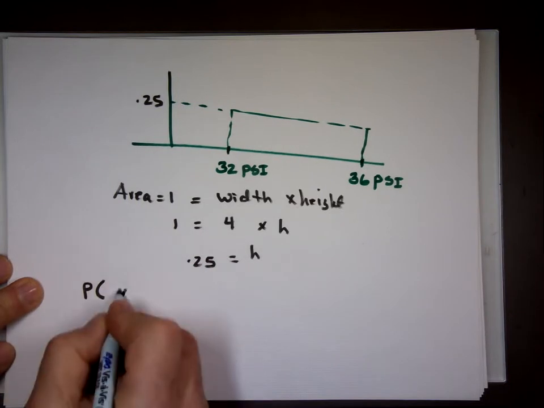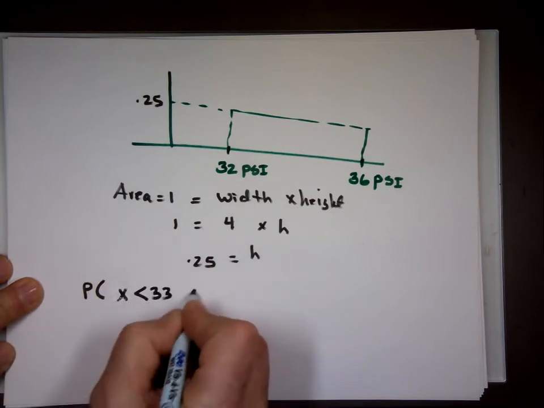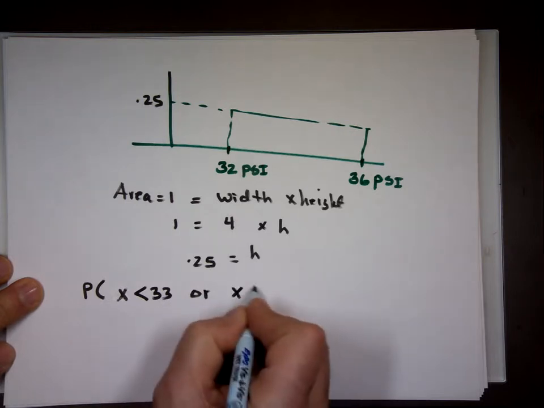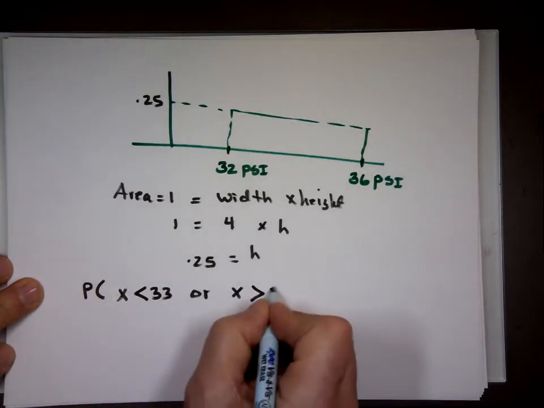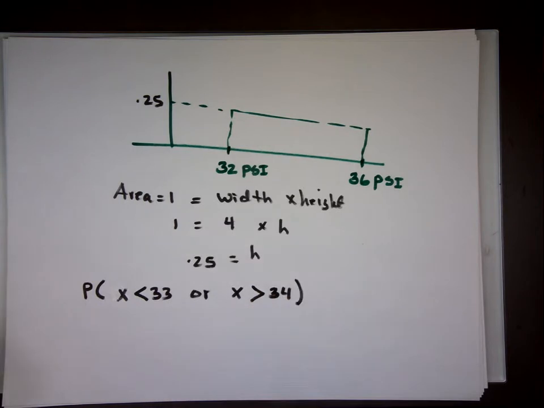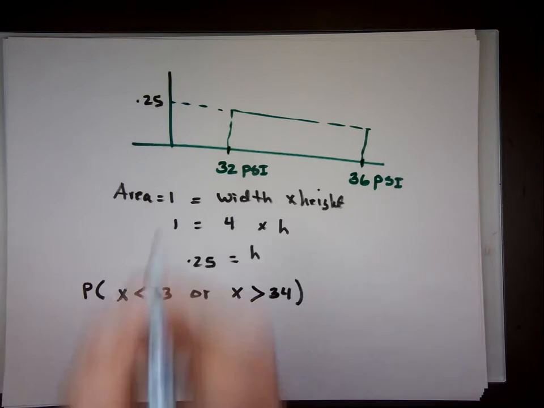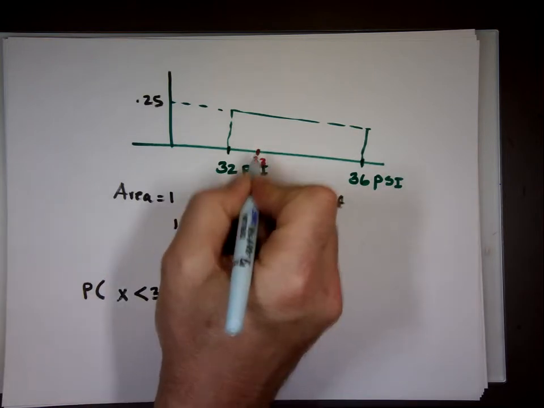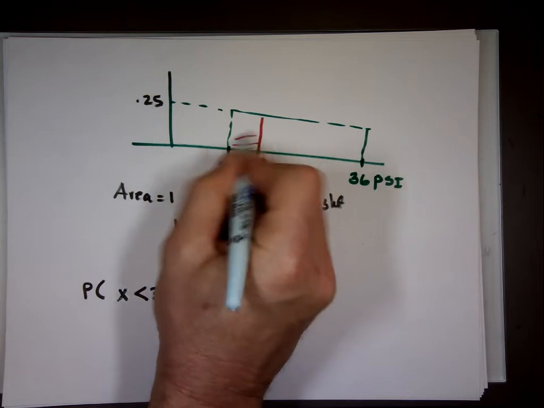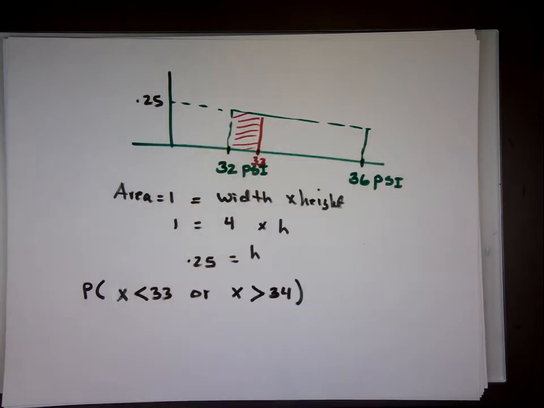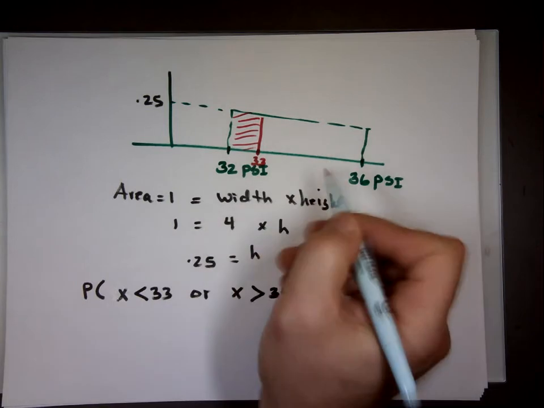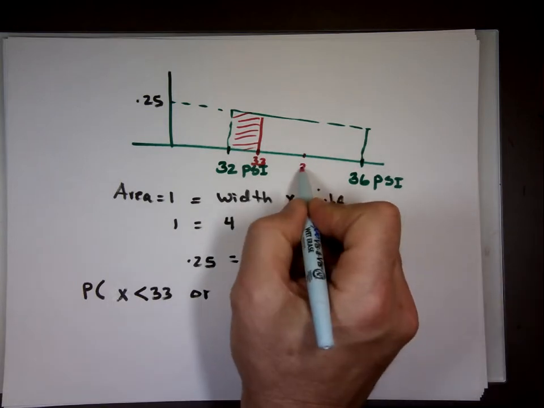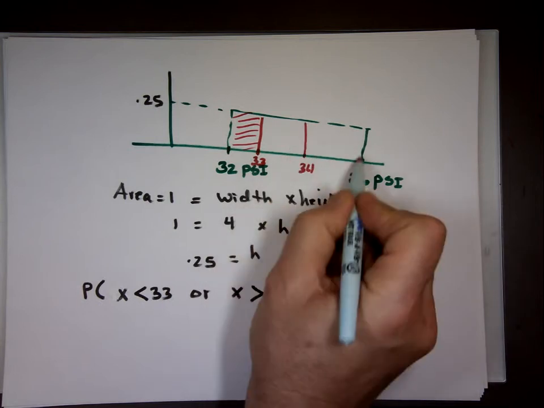X is less than 33 or X is greater than 34. Less than 33, we're talking about, where's the 33? This is the 33. Less than that, we're talking about this area. Or overinflated, this is the 34. Larger than that, you're in this group.